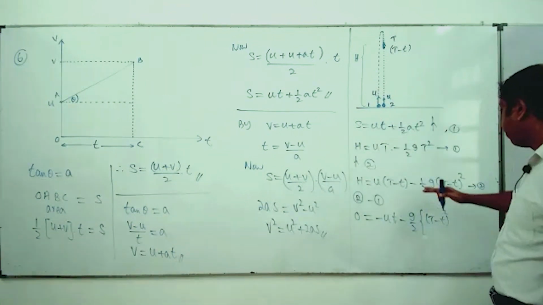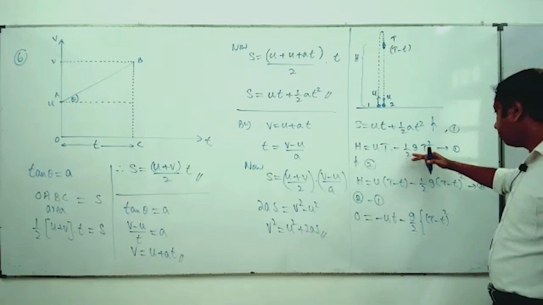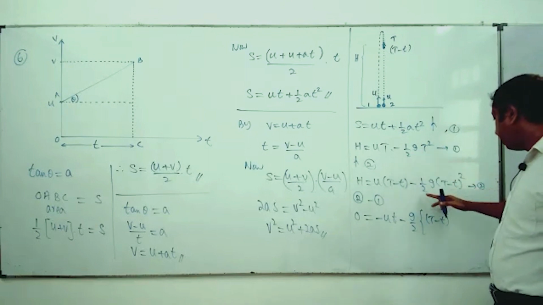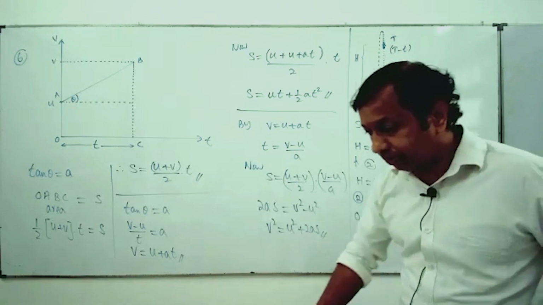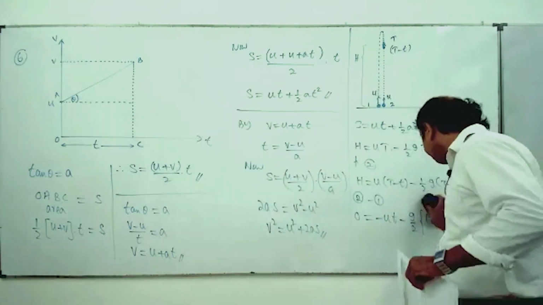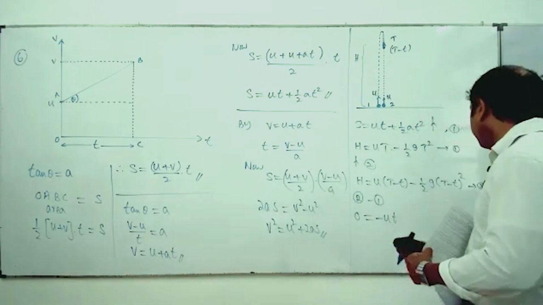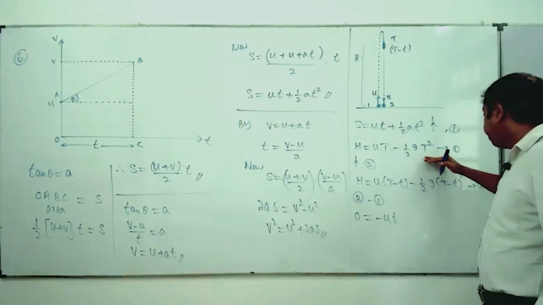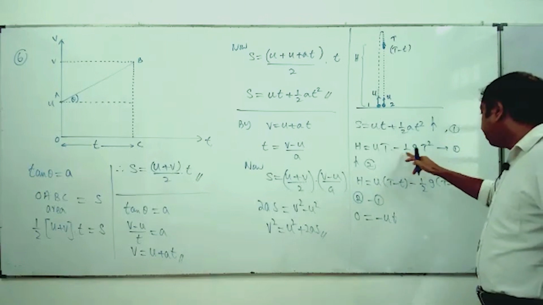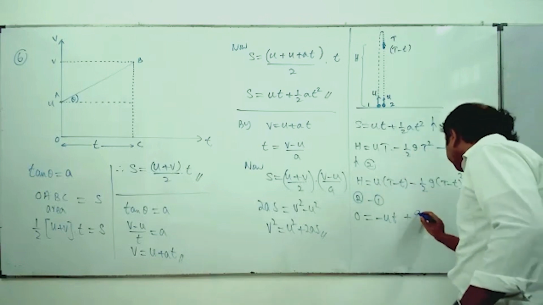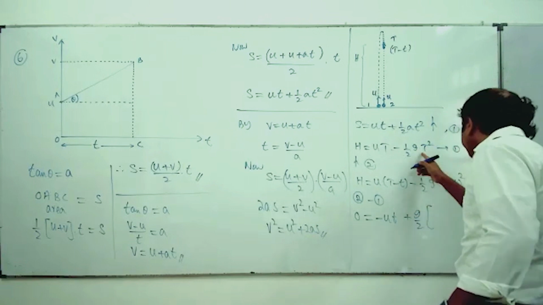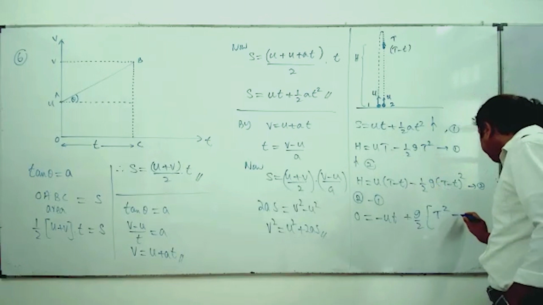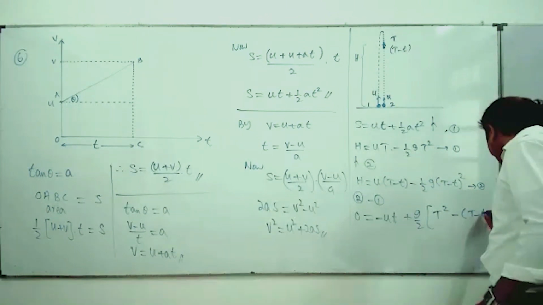This minus this means this is plus now. Taking 2 minus 1, when you take the difference, this minus this will be plus. Then I take g by 2 out with a plus sign, and we have T squared minus (T minus t) perfect square.